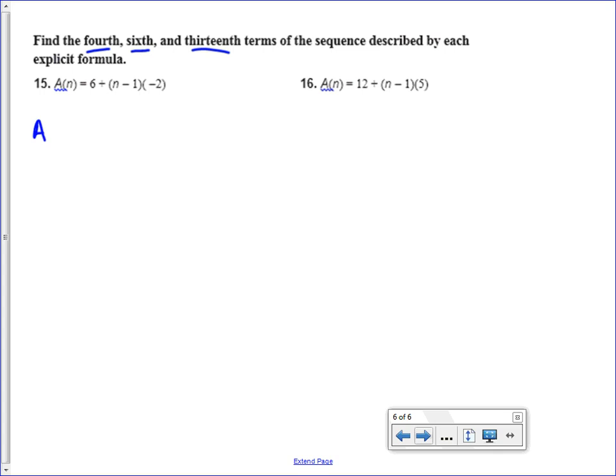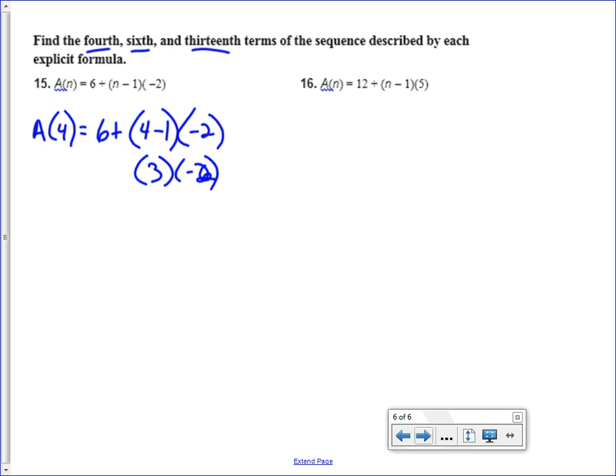So very much like function notation that we've worked with, the fourth term is equal to 6 plus 4 minus 1 times negative 2. So all we have to do is work through this. So I'd have a 3 times negative 2, which gives us a negative 6. So I'd have 6 plus a negative 6, which tells us the fourth term is 0.